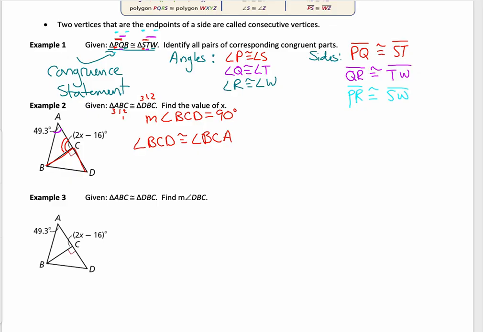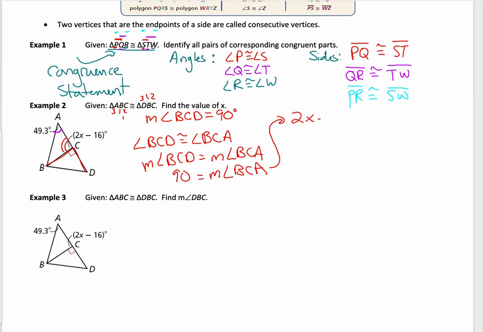But I already know that the measure of angle BCD is 90, right? So the congruence tells me that the measure of BCD equals the measure of BCA. And so I know this is 90. And I can see that just from the congruence statement, right? And that allows me to set up the equation as well, right?